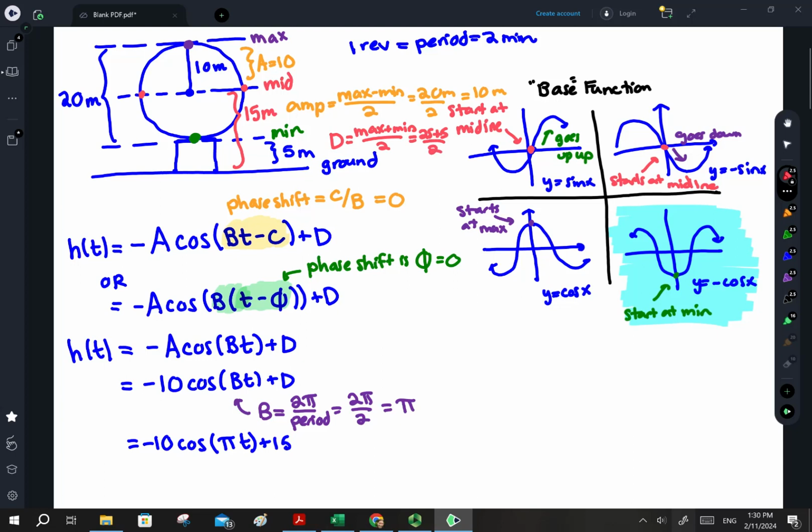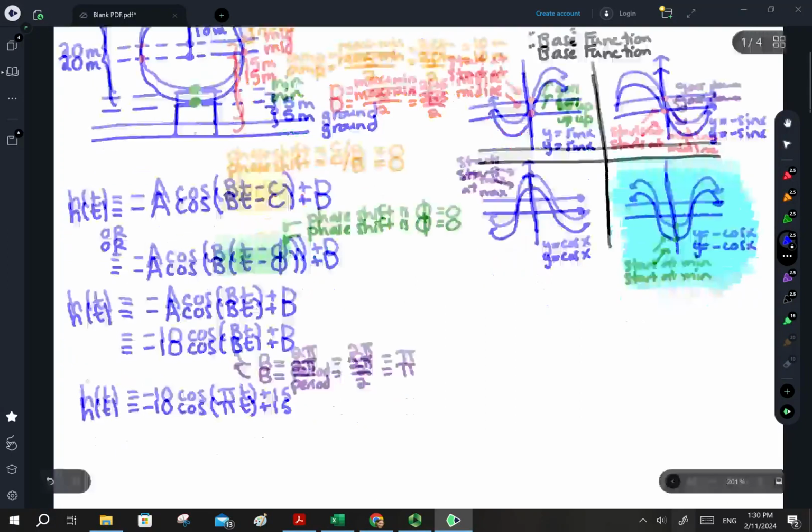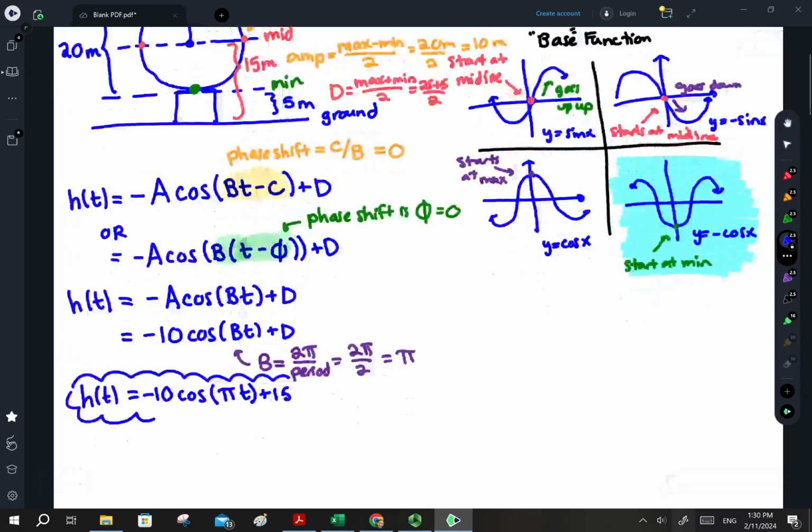So that's 25 meters plus 5 meters divided by 2, and 30 divided by 2 is 15. So either way, we end up with the same formula for the height above the ground after t minutes. H of t equals -10 cosine of pi t plus 15.